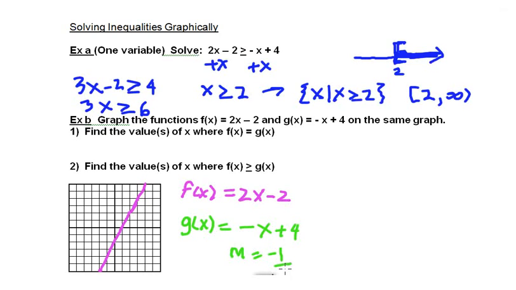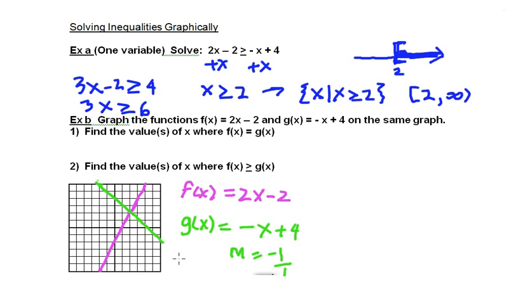And you can think of that as being negative 1 divided by 1, and the y-intercept is at positive 4. So we will graph that y-intercept on the y-axis at positive 4, and a slope of negative 1 means we go 1 down for every 1 to the right. And we can plot these points and draw our line accordingly. So the function g of x is represented by this green line here.